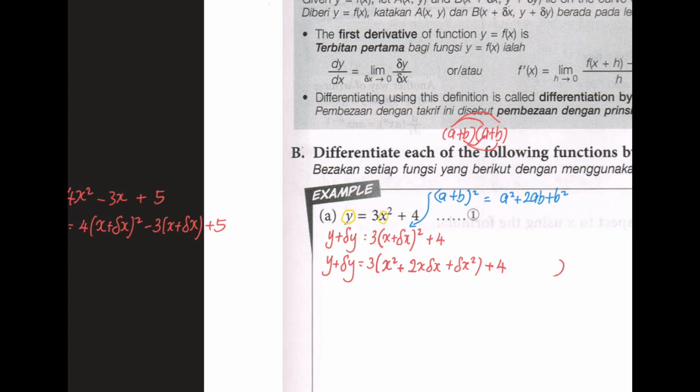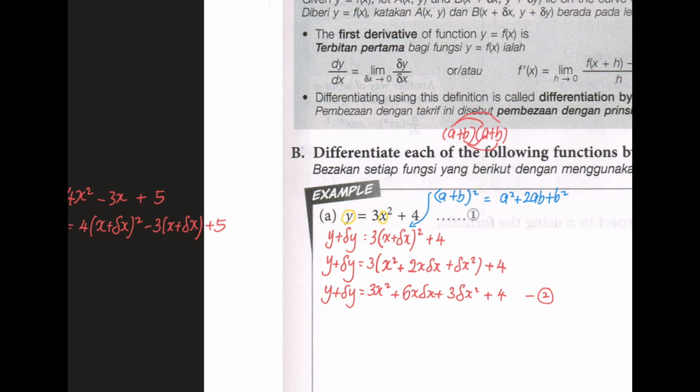I simplify a little bit first. I can multiply 3 into the bracket to get 3x squared, 6x delta x, 3 delta x squared plus 4. After I simplify, I call it equation 2. So I have equation 1 and equation 2.